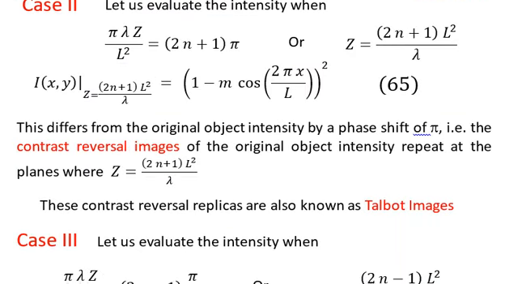So this differs from the original object intensity by a phase shift of pi, that is, contrast reversal images of the original object intensity repeat at the planes where z is equal to 2n plus 1 multiplied by L square over lambda. These contrast reversal replicas are also known as Talbot images. So when you use this value of z, that is z equal to 2n plus 1 multiplied by L square over lambda, you produce the same images as the input images but with contrast reversal.